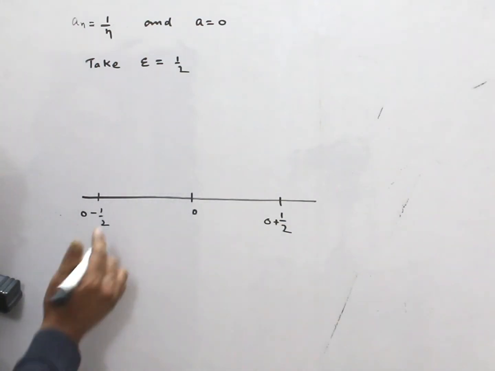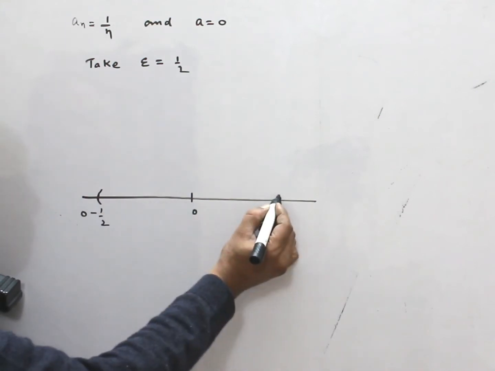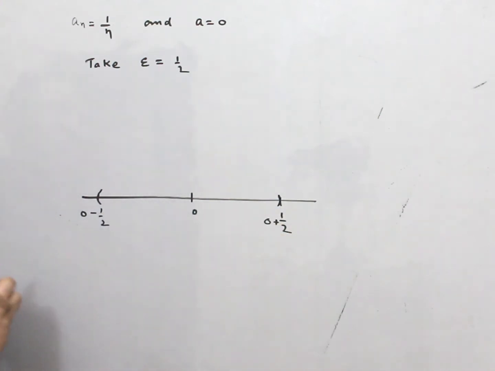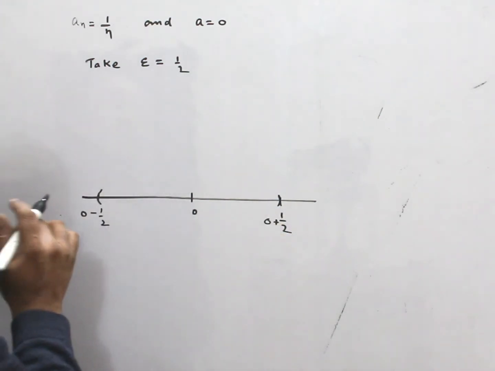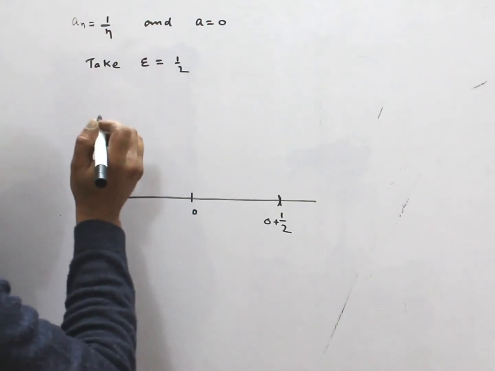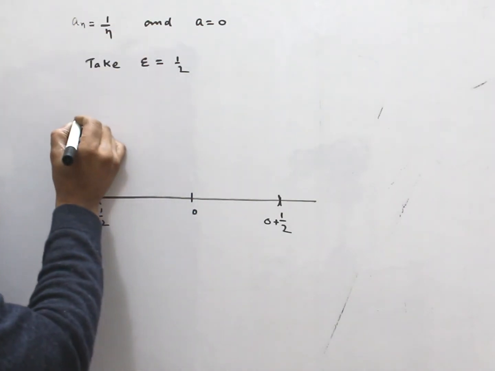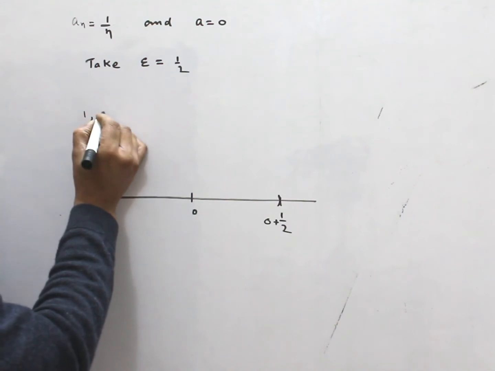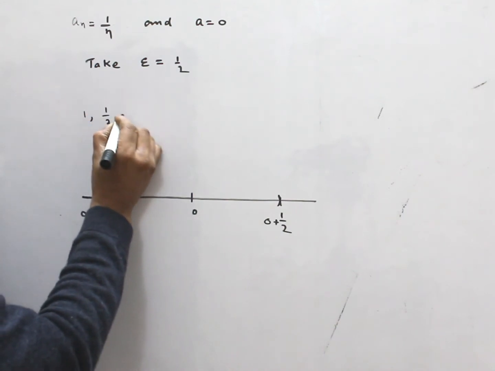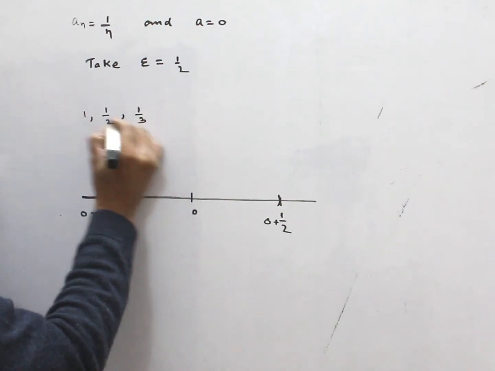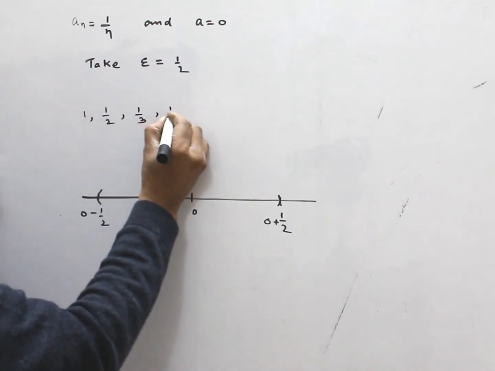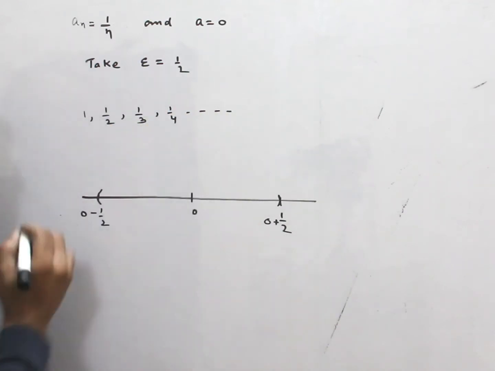So this is the neighborhood of 0. Now see what happened. The terms of the sequence are: first term 1, second term 1 by 2, third term 1 by 3, fourth 1 by 4 and so on.